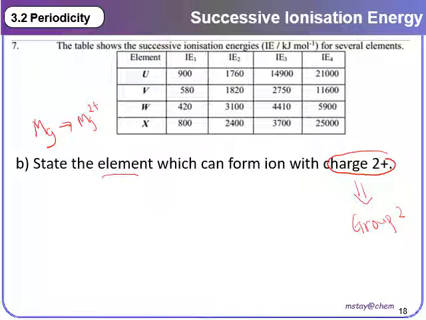If it is from group 2, there will be a sudden increase between IE2 and IE3. So recall, which one shows the sudden increase between IE2 and IE3? Yes, it's this one, element U. So your answer will be element U.